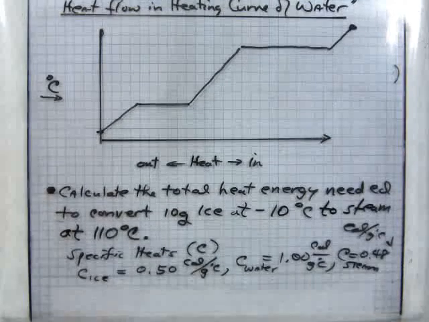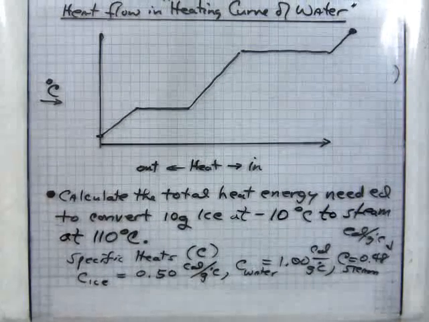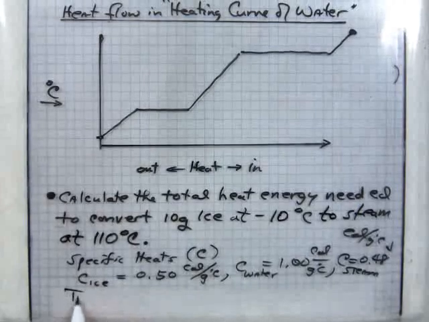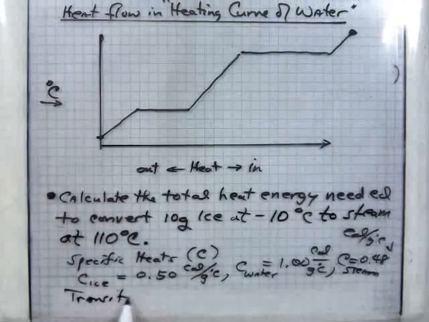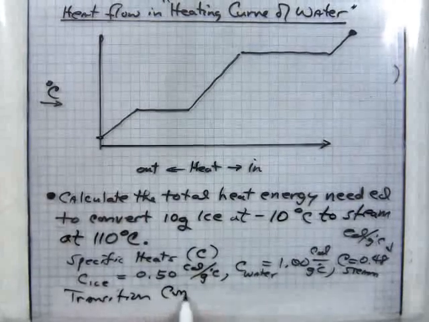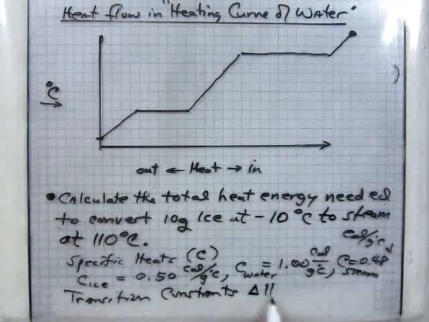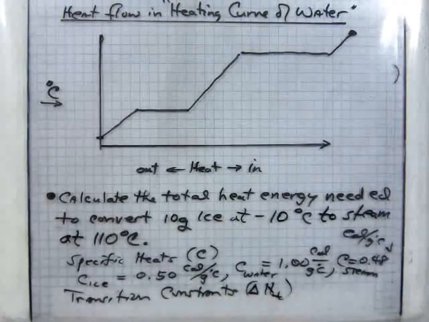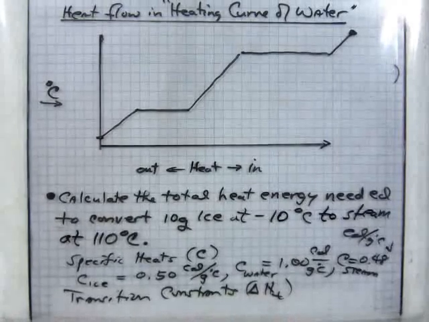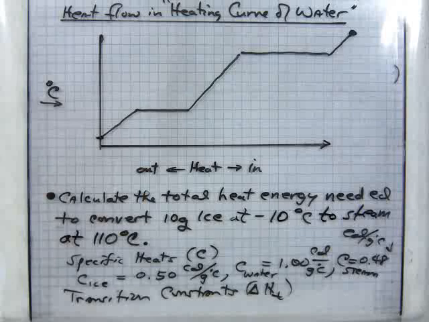Now you also need in this what we call transition constants. Delta H of transitions, and these are called heat of fusion, that is the amount of heat needed to melt something, and the heat of vaporization, or the amount of heat to evaporate a substance.